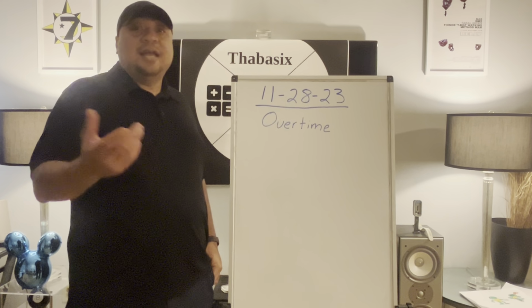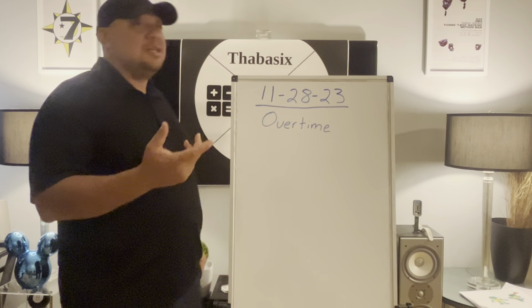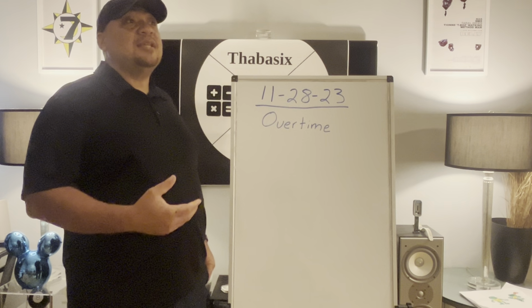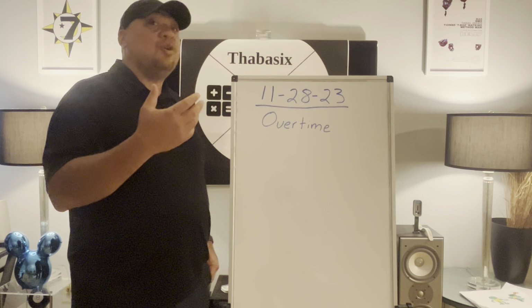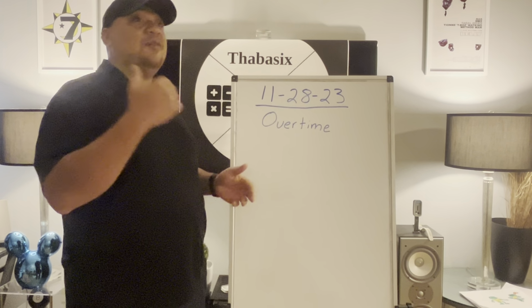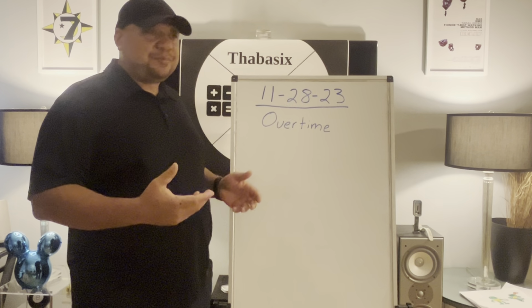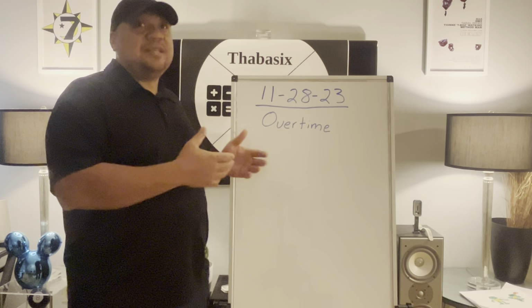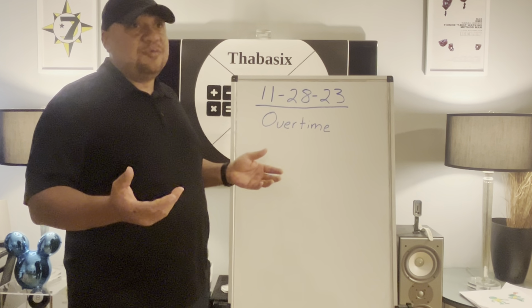I didn't do a video last week, but it was just a problem in regards to working overtime. The standard overtime in the country is if you work over 40 hours, you get time and a half. Your straight time is whatever they say they pay you for an hour.